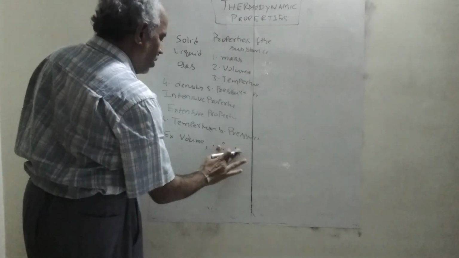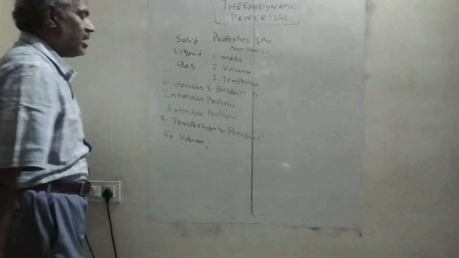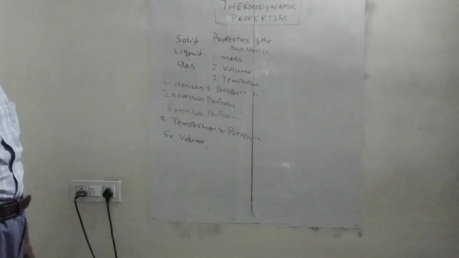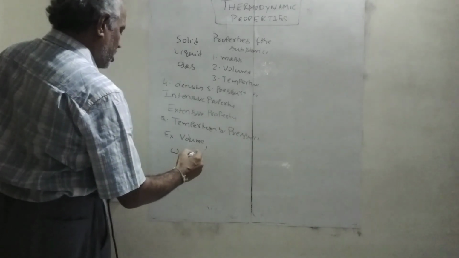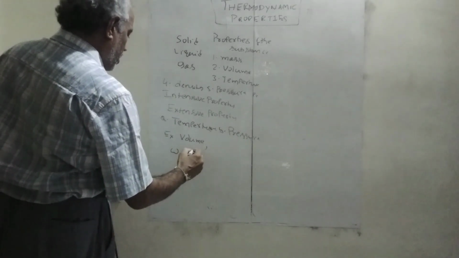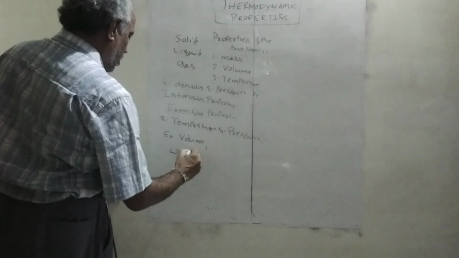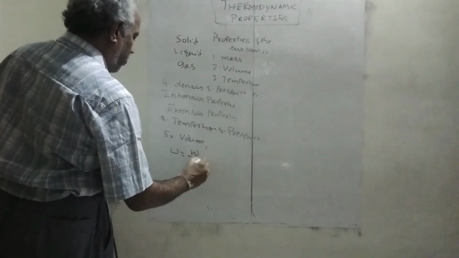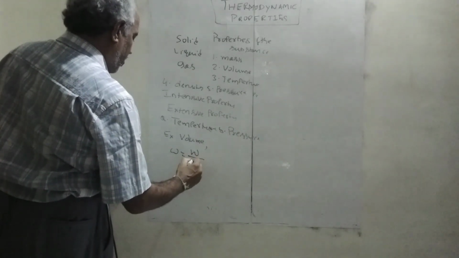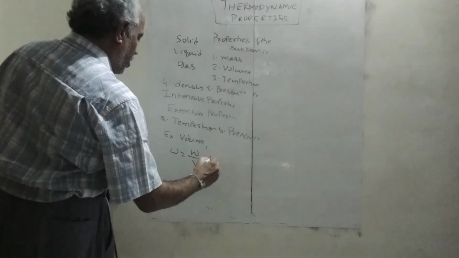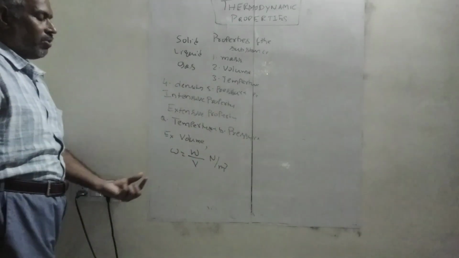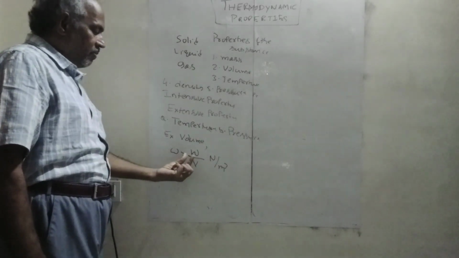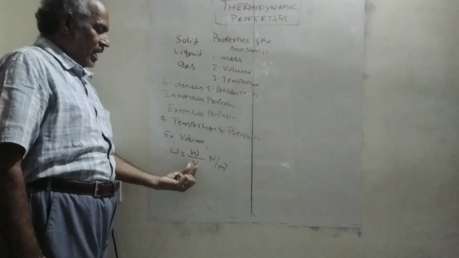Again, specific weight is an intensive property because the specific weight w is given as weight divided by volume, Newton per meter cube. That means if the weight increases and the volume increases, the value will be the same.